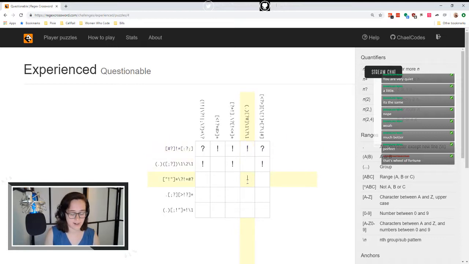And then down here, we have another exclamation mark. Now I want to take a moment. We have a \ question mark, and I just want to include that one because that has to be a question mark, because that \ means that it's just a question mark. Now we've got a \1, which means we're pulling that exclamation mark from our first capture group.